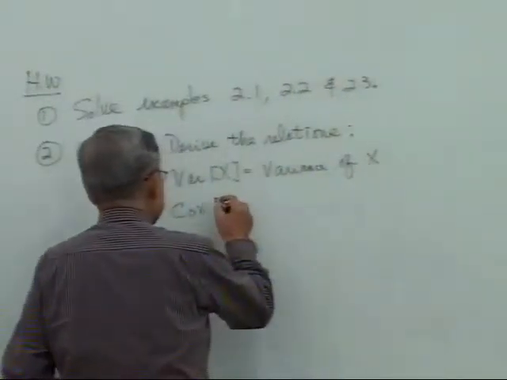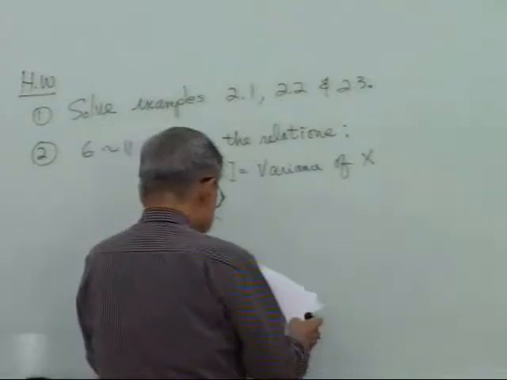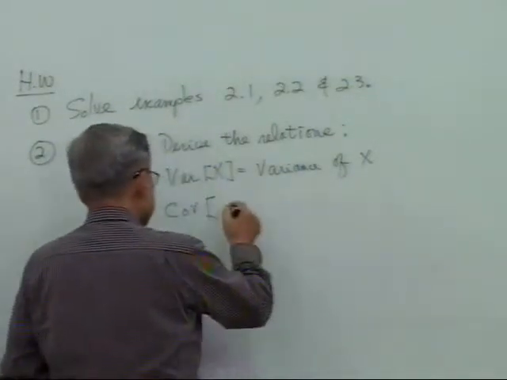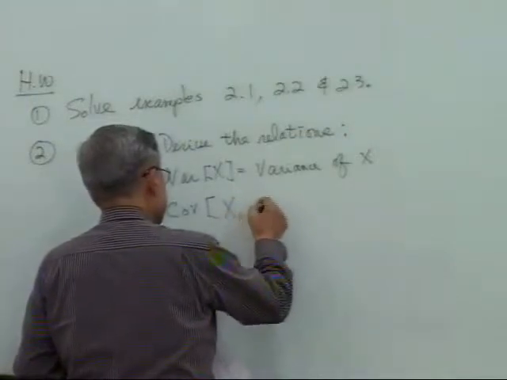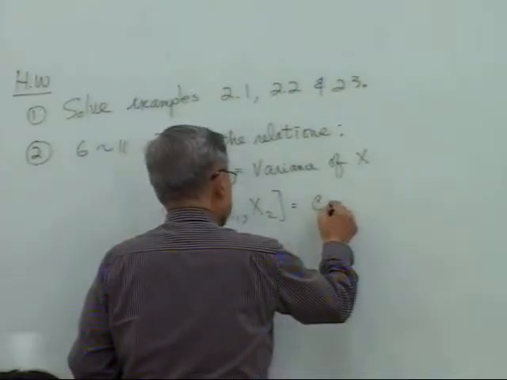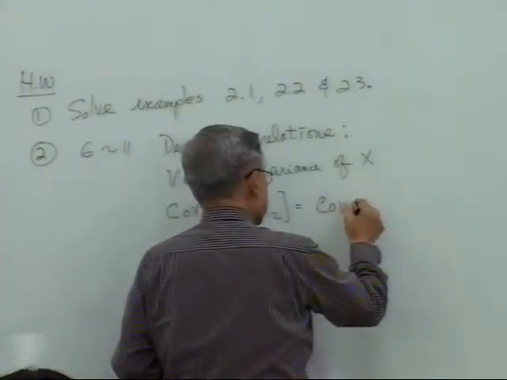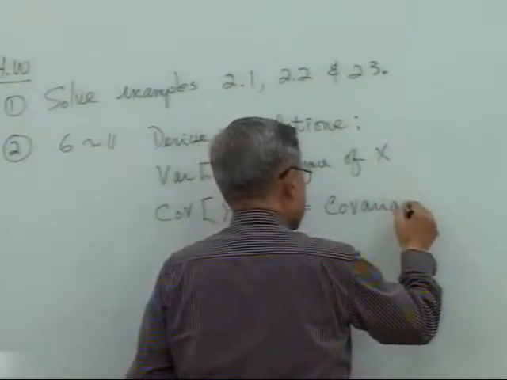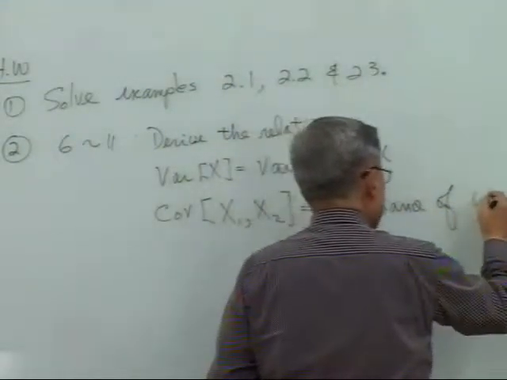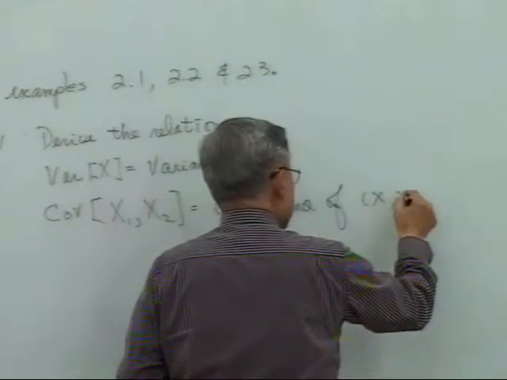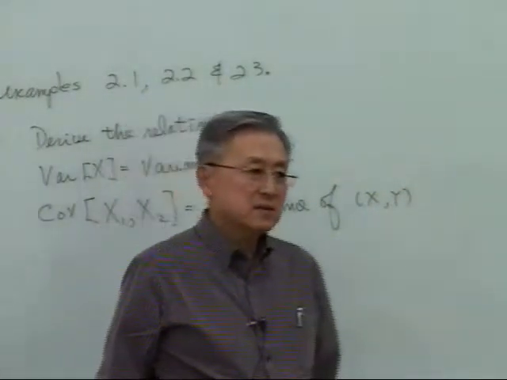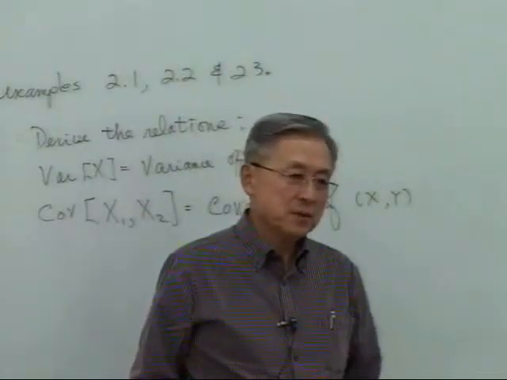This is a covariance. So covariance, I'm going to say x1, x2. So capital letter implies the random variable.